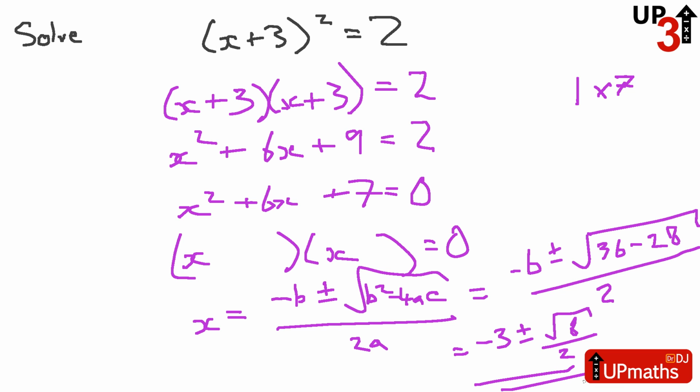That'll do. I could have simplified that some more, but I decided not to. Square root of 8 is 2 root 2, so that would end up as, well, let's just do it anyway, so it would end up as minus 3 plus or minus root 2.